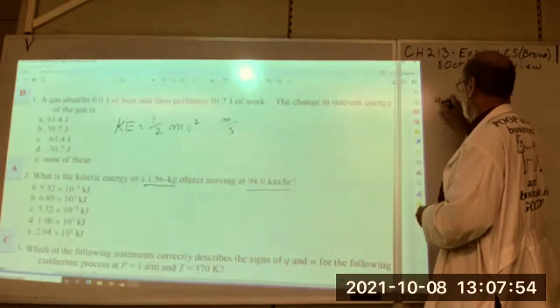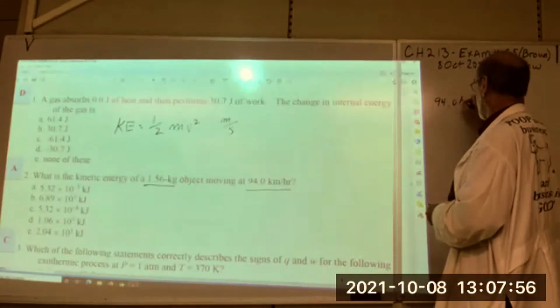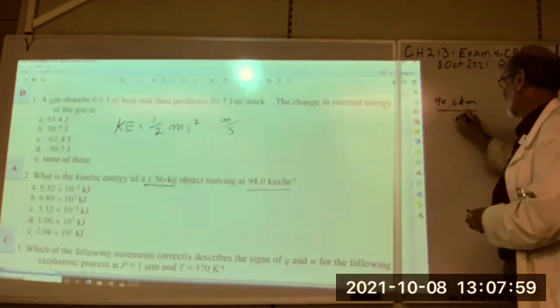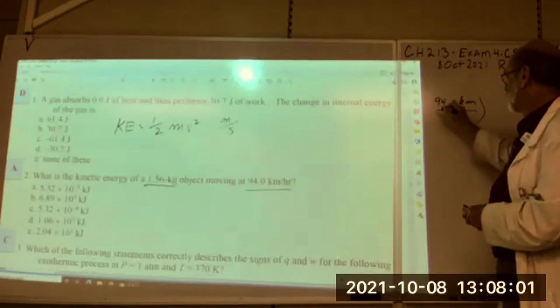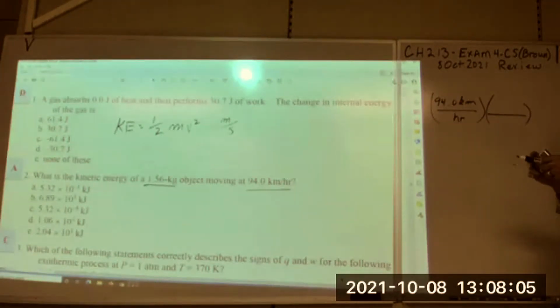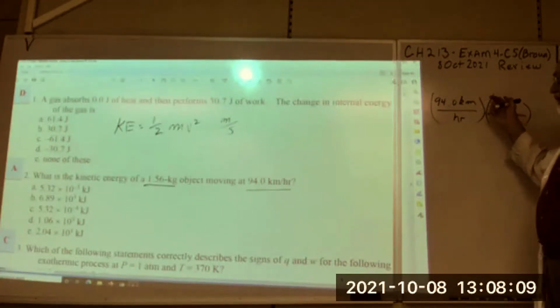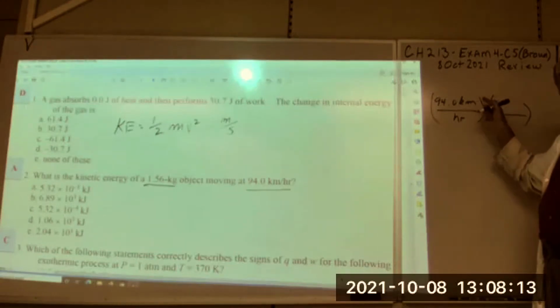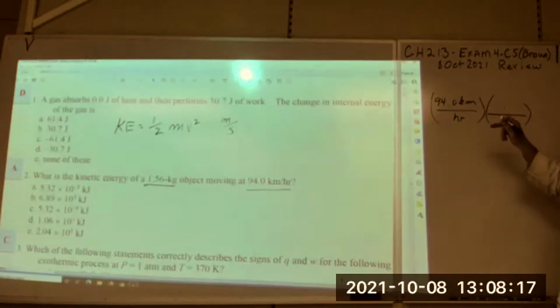We say 94 kilometers per hour. I said this at the very beginning, but I'll say it again. When you've got a unit conversion that requires converting 2 units of measure in the same number, do one at a time.